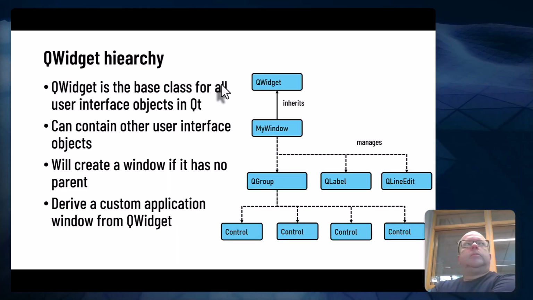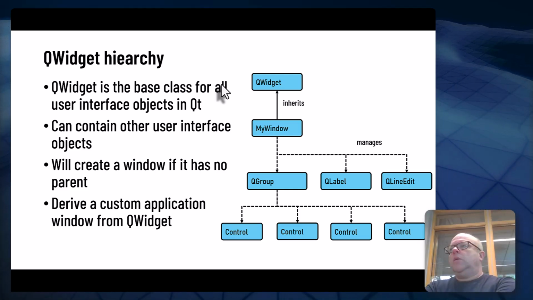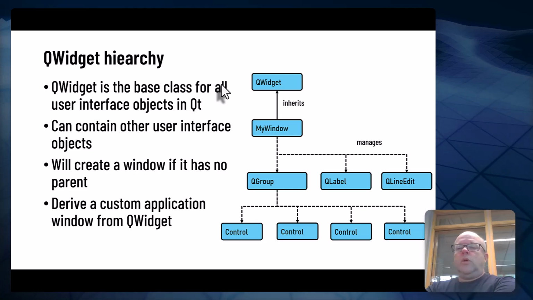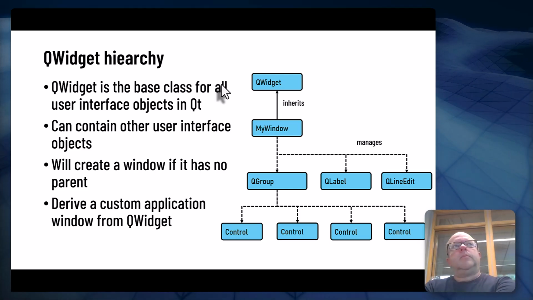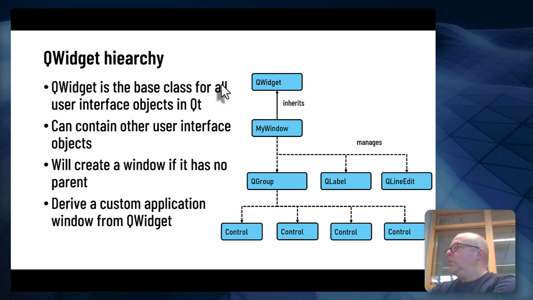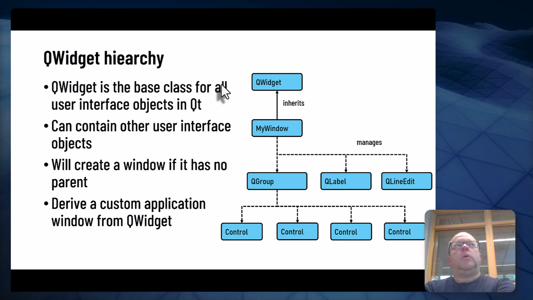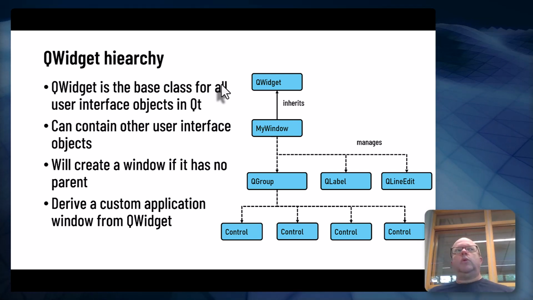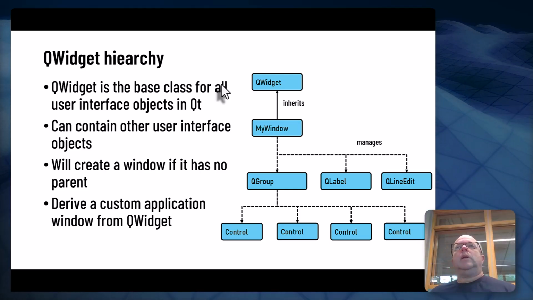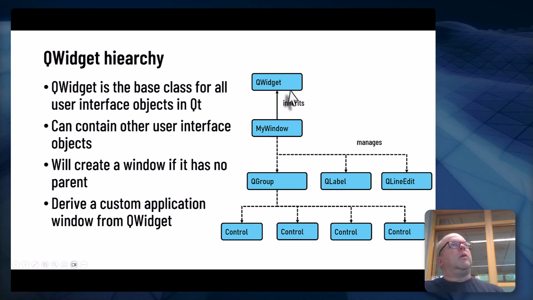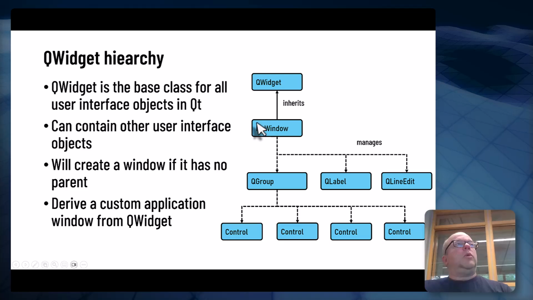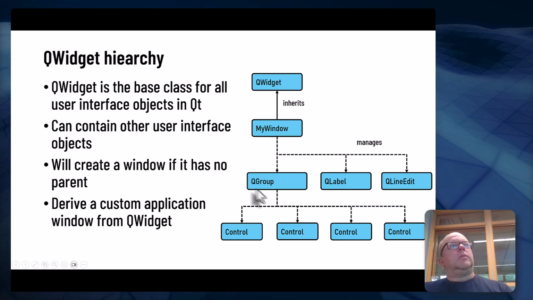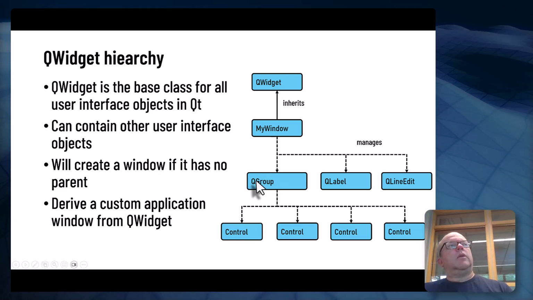I went through some of the object orientation before with you, and user interface libraries are kind of the best fit for object orientation with hierarchies, because you have a lot of controls that have similar functionality, so it lends itself to inherited functionality. If you look here, we have widget on the top. We can define our own window class here, and we can have groups that could contain other controls.